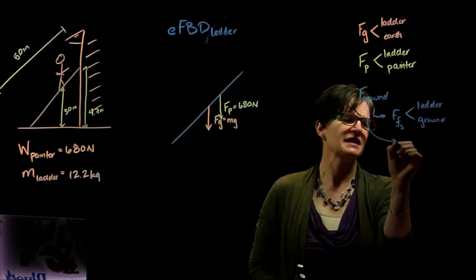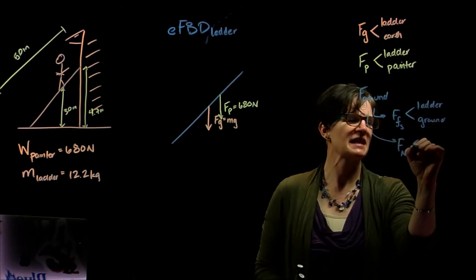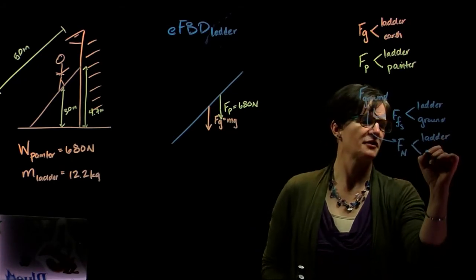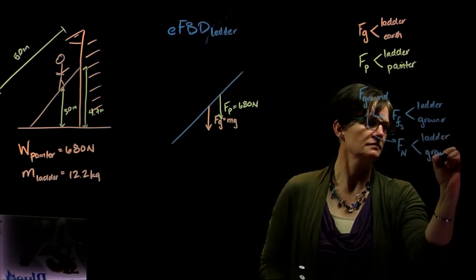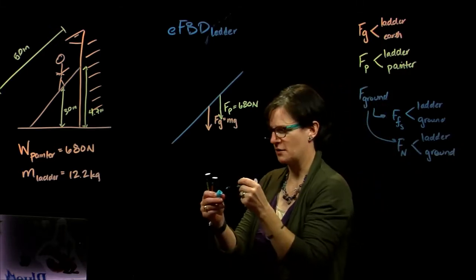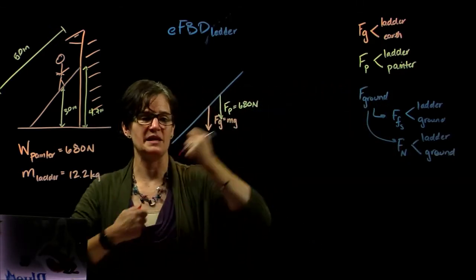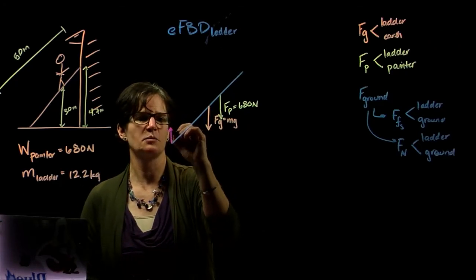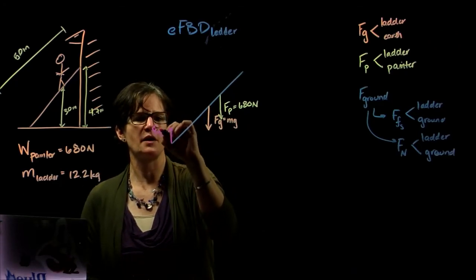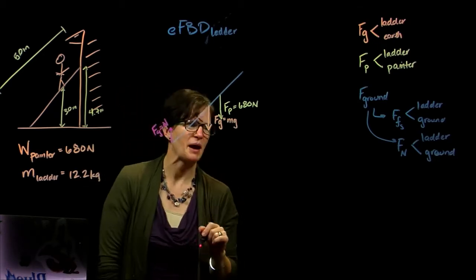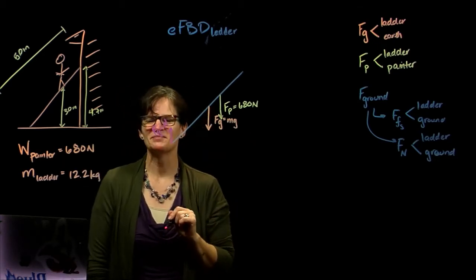And the other piece that the ground is exerting is that normal force, upwards, holding that ladder up. So that's between the ladder and the ground. So we know that the normal force is, of course, going to be in the upward direction. So we're going to put the force of the ground here that's equal to the normal force. And that little g means ground, not gravity.